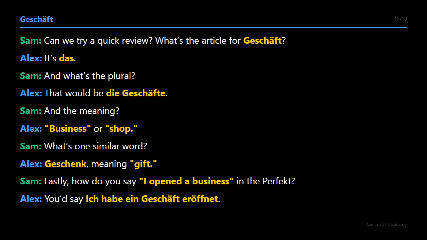Can we try a quick review? What's the article for Geschäft? It's "das". And what's the plural? That would be "die Geschäfte". And the meaning? Business, shop.